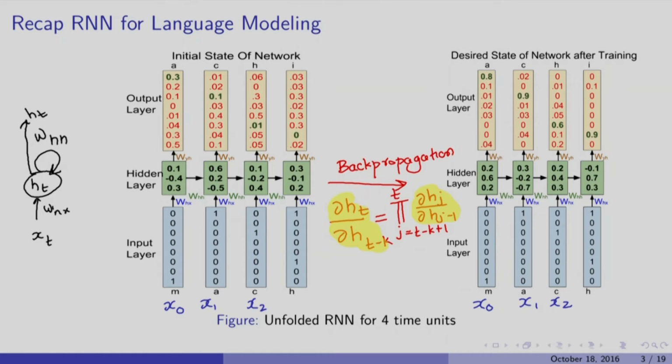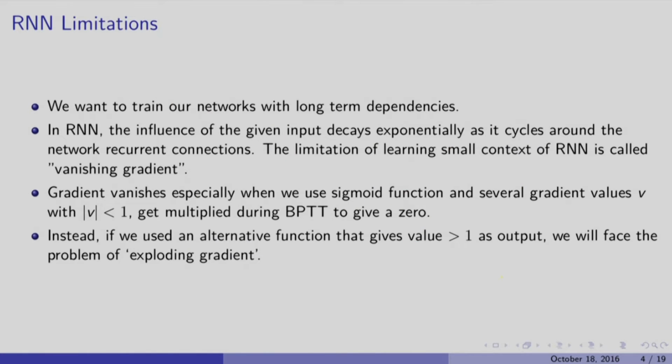If each of these is less than 1, we will find that the product will vanish. If we choose the activation functions such that these partial derivatives are greater than 1, then of course we will have a multiplication of very large values. So this is the limitation, that we want to train on networks with long term dependencies.